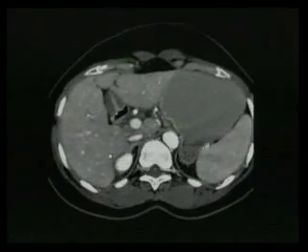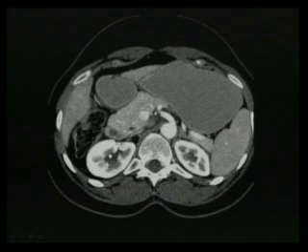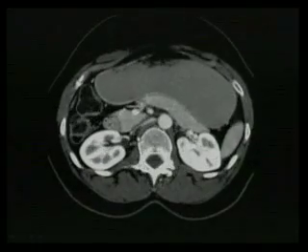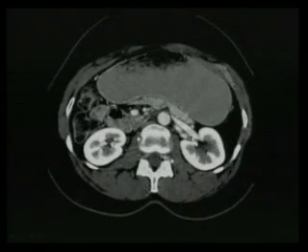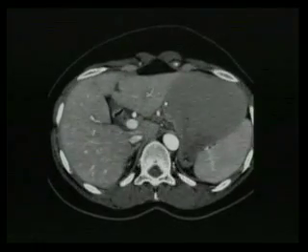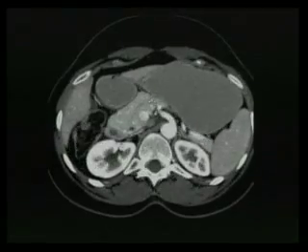This is an example of a pancreas divisum. You can see, follow this and follow this, going separate into the duodenum. Did you see that? Let's go again. We have the Wirsung coming here.